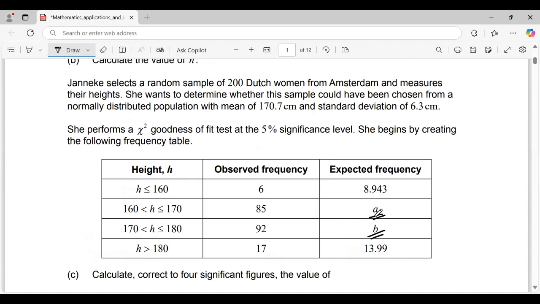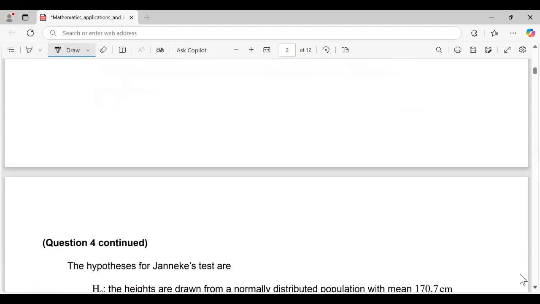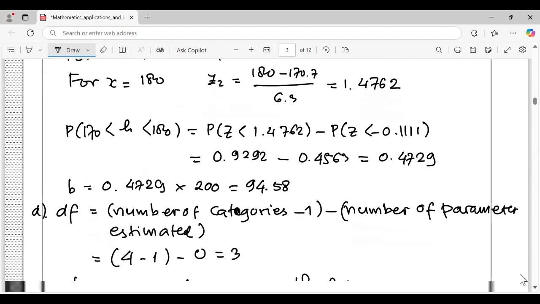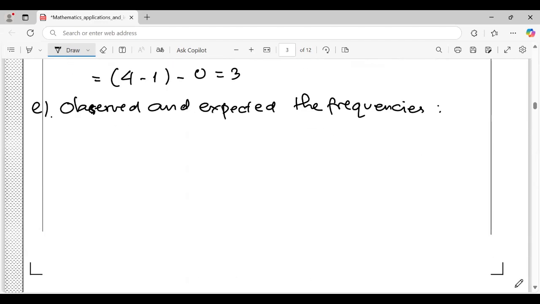We already have the solutions, A and B already have the numbers.